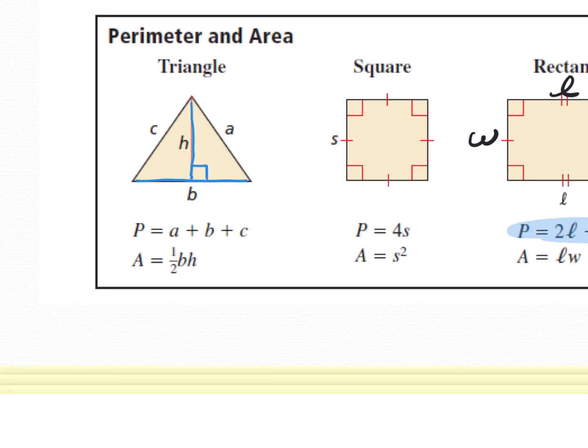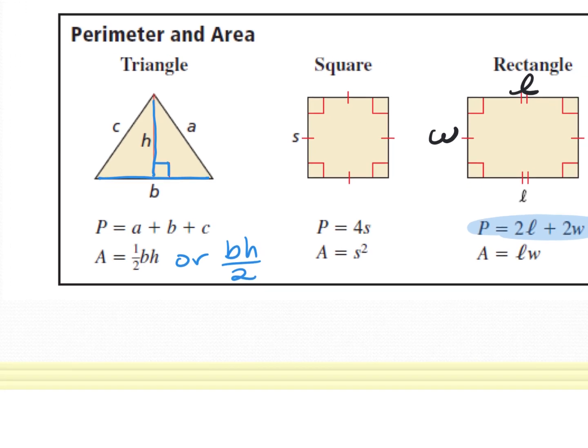You might have also seen it as base times height divided by 2. Either way. And then for the square, because all sides are the same, it's just side to the 2nd power. But again, if you also want to do it as length times width or base times height, it's going to be the same thing. Just know that your length and width will be the same number, and same thing if you use base and height.